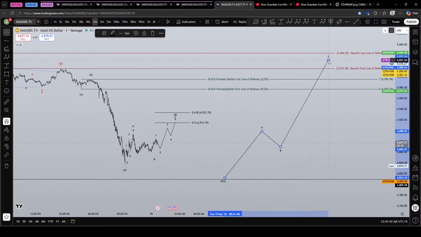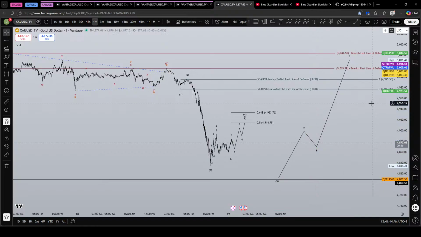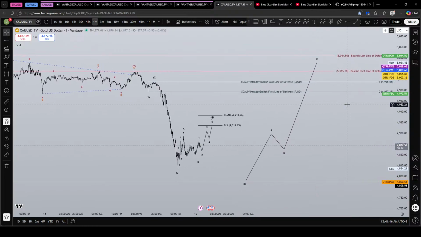since I only do the live market analysis every bi-weekly or bi-monthly, I mean, then expect me to update this wave count after 2 weeks.